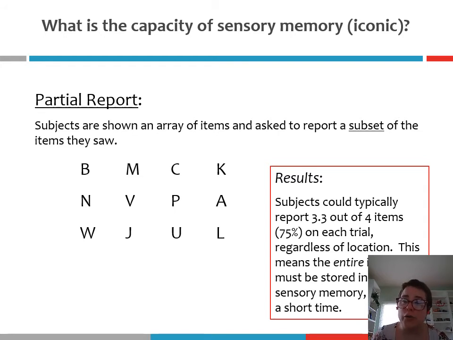Because they could report 3.3 out of 4 items on each trial regardless of the location, this means that the entire image must be stored in iconic sensory memory, if only for a short time, right? Because if they had only stored part of the image, then they wouldn't be able to report 75% of the row regardless of location.